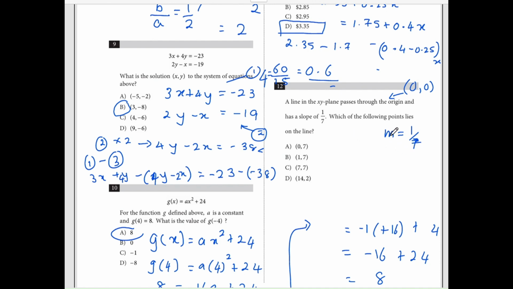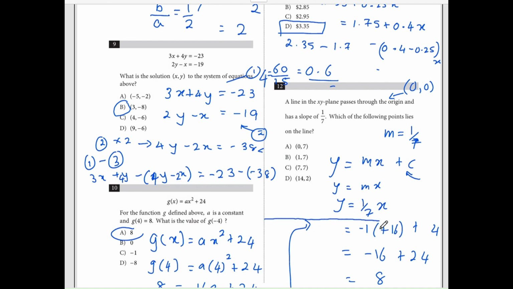Which of the following points lies on the line? If a line passes through the origin and its gradient is given, then you can write down the equation of that line as y equals mx plus c. Here since it passes through the origin, c becomes 0, then y equals mx, and y equals 1/7 x is the equation.